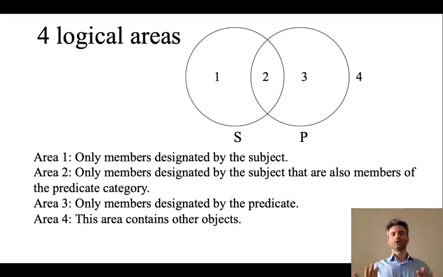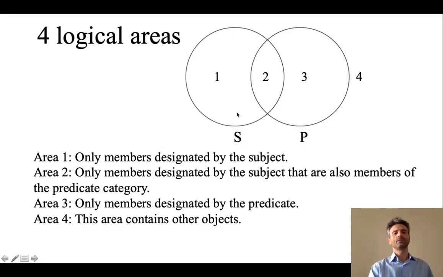When you overlap two circles, you create four logical areas. Not to be confused with the four logical forms, okay? I know that this might sound confusing, but there are four logical areas: 1, 2, 3, 4. As you can see, logical area 1, which is this one, ends right here.